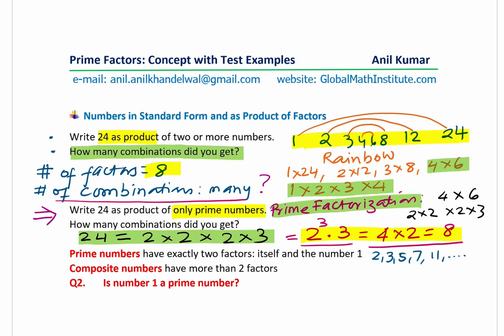When we talk about composite numbers, they have more than two factors. For example, 4, 6, 8, and so on are composite numbers. And now the question for you is number 1 a prime number? So I'd like you to answer this particular question, which is number 1 a prime number? You can always write this answer in the comments.